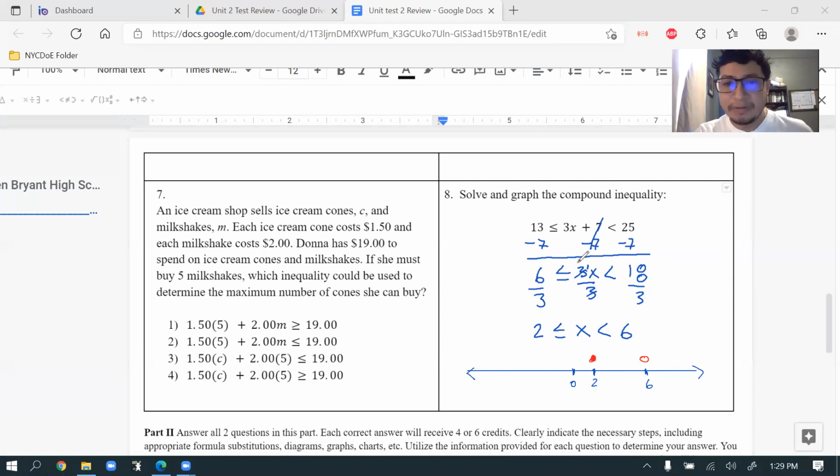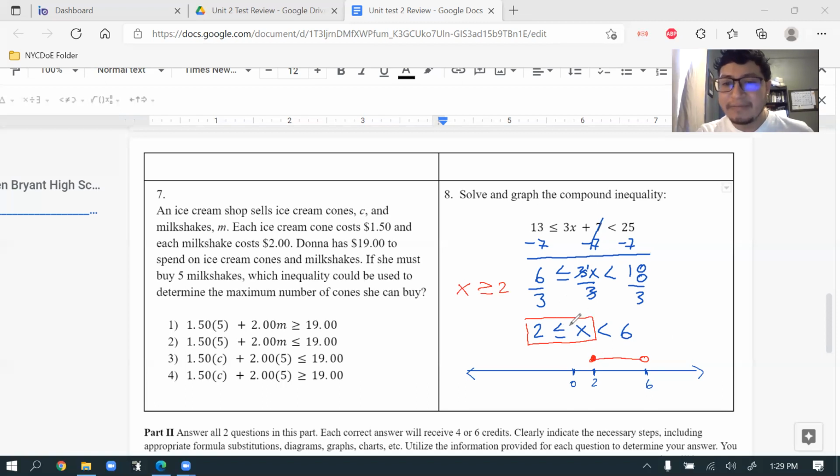So this part right here, 2 is less than or equal to x, is the same thing as saying x is greater than or equal to 2. That's why when I graph, it'll go towards the right.